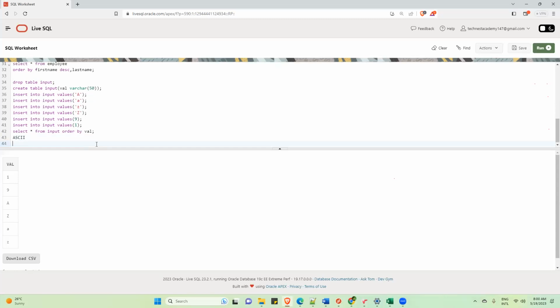Suppose I will show you here. Select ASCII value. Suppose I want to find the ASCII value of A on Google. So this will give me the ASCII value of A. What is the value? 65.